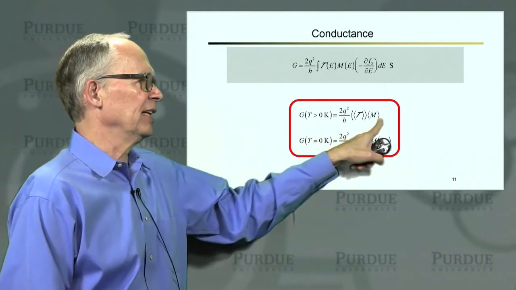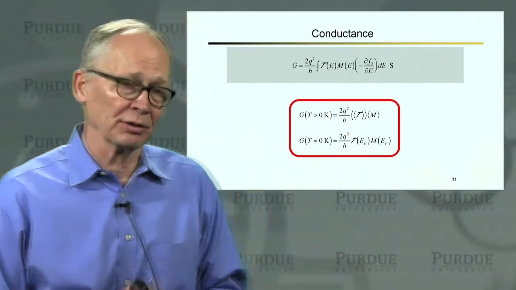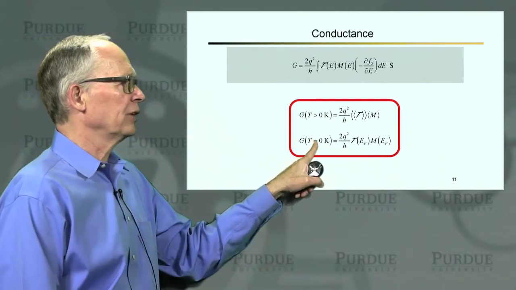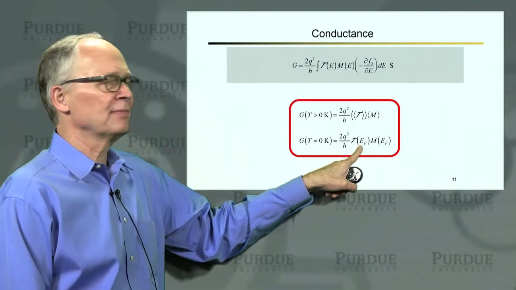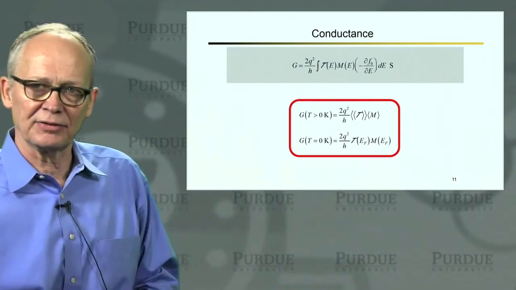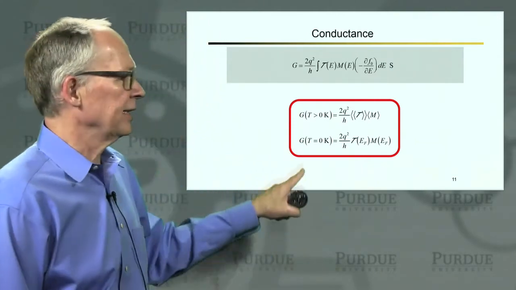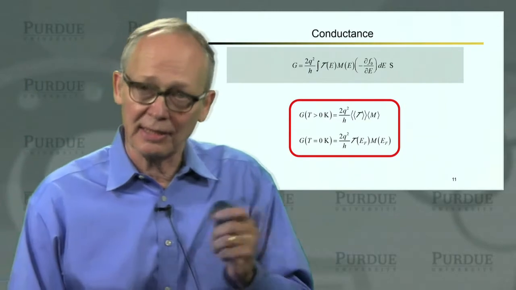So it's just a convenient way to write that expression. In order to get numerical answers, I've got to do all of these integrals. At 0 Kelvin, things simplify. It's the quantum of conductance times the transmission at the Fermi energy times the number of channels at the Fermi energy. And this is the expression that's used to interpret those experimental results we saw a few slides earlier.